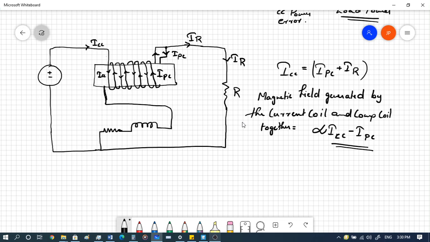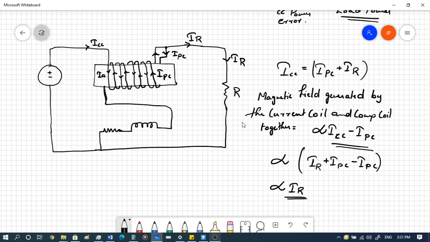So ICC can be written as the sum of IPC and IR. Here, ICC can be written as IPC plus IR, and then you have a minus IPC, which is equivalent to IR itself.